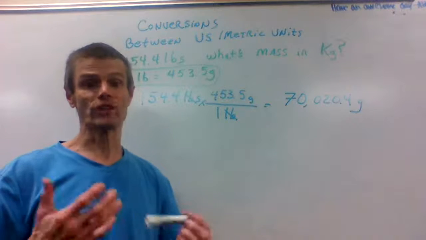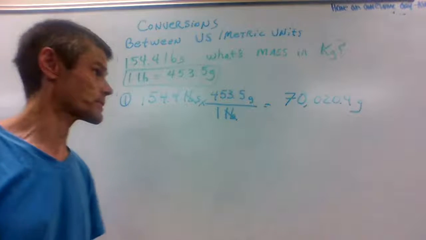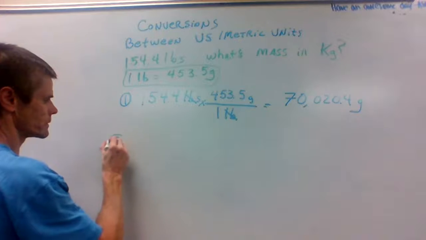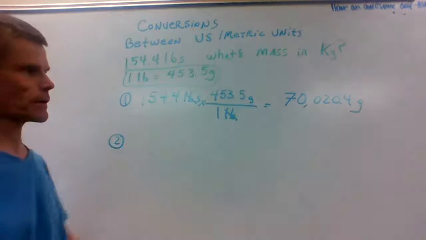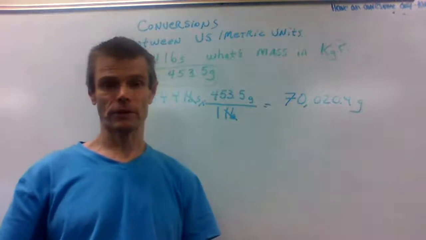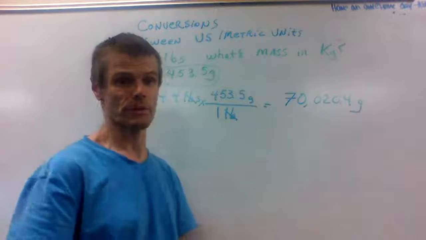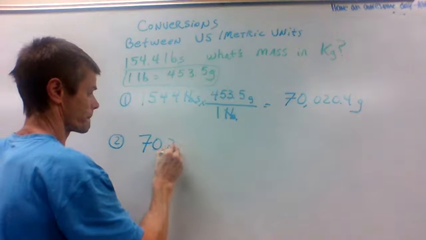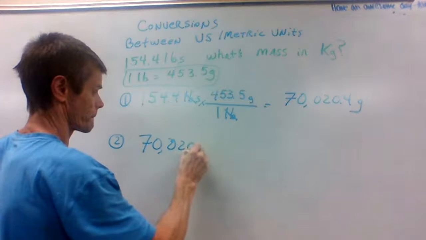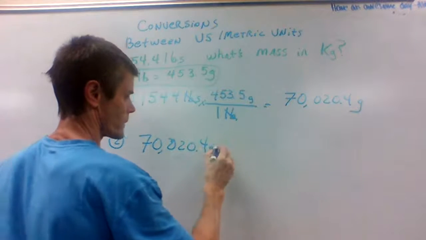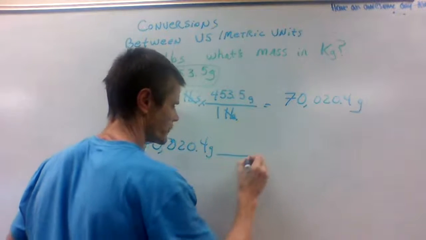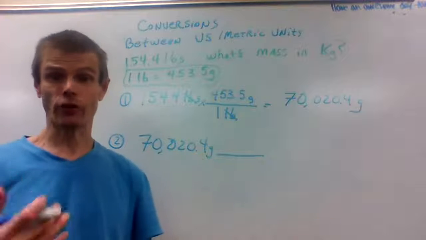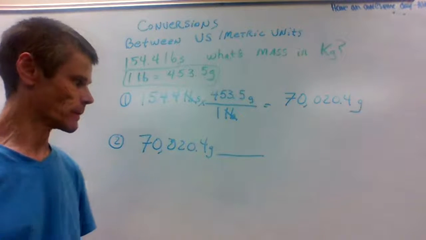That's what we would get in our calculator as an intermediate step. And remember, we don't round intermediate steps. Let's use our intermediate answer and convert our mass in grams to our desired kilograms. In this case, our conversion factor is the relationship between 1,000 grams and 1 kilogram.